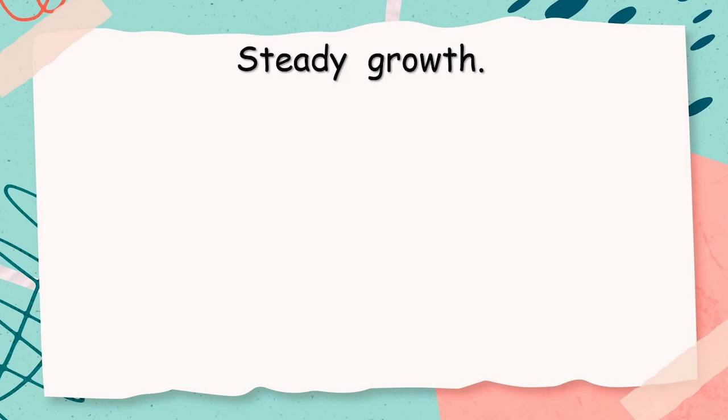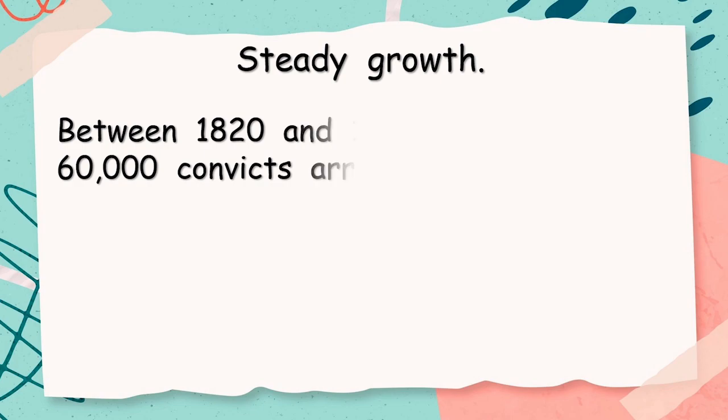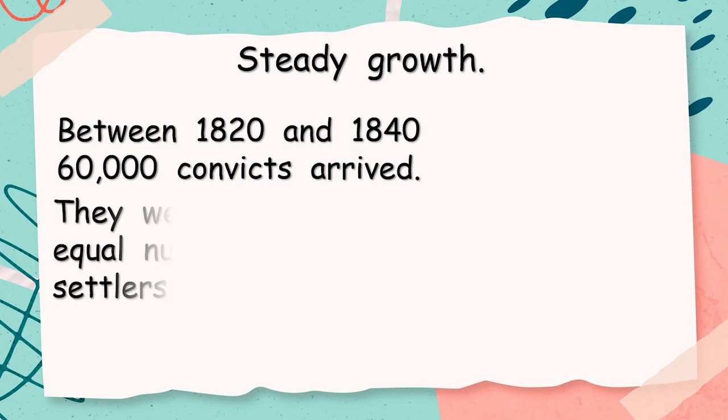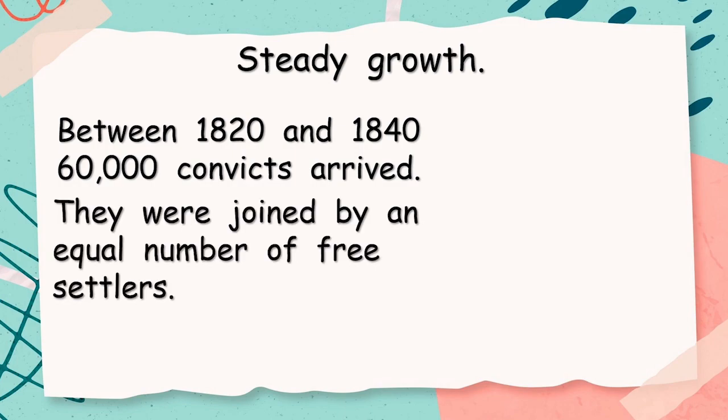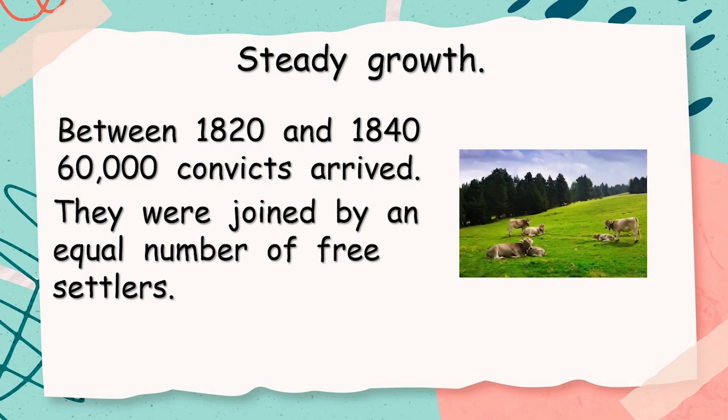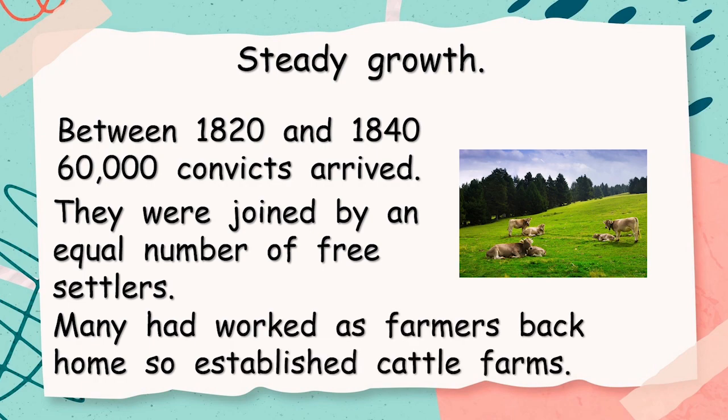Now there was steady growth as well. Between 1820 and 1840, 60,000 convicts arrived. They were joined by an equal number of free settlers. Many had worked as farmers back home, so established cattle farms.